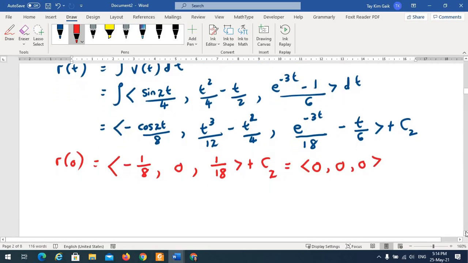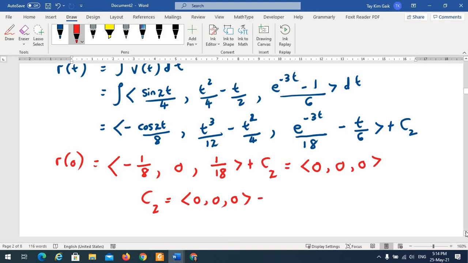So C2 will be the vector 0i, 0j plus 0k minus negative 1 over 8, 0, 1 over 18. Negative, negative, so component i becomes positive 1 over 8, 0j minus 0j, so it's 0, 0 minus 1 over 18, and component k, so it's negative 1 over 18.